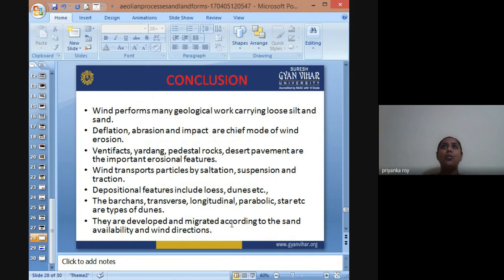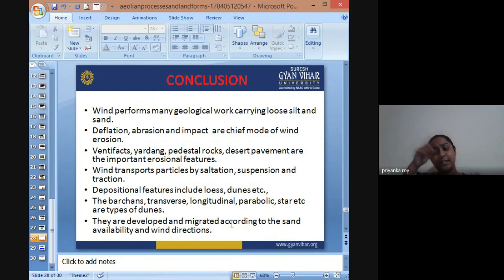Now we know about the aeolian process. Let's revise it very closely. The tools of aeolian processes: deflation, abrasion, attrition. These are eroding tools.